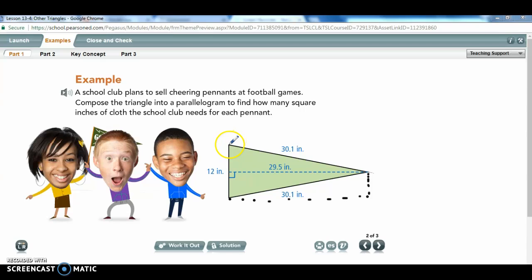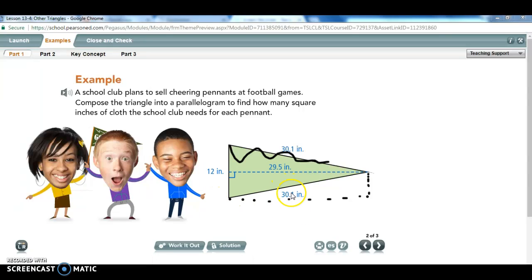So, like I said, we would flip this one around and then turn it so that this part no longer was here, and we made a rectangle. Since it says compose the triangle to a parallelogram, that is what we did. Find out how many square inches of cloth. What it wants us to do is find out what is the area of this rectangle or this parallelogram.